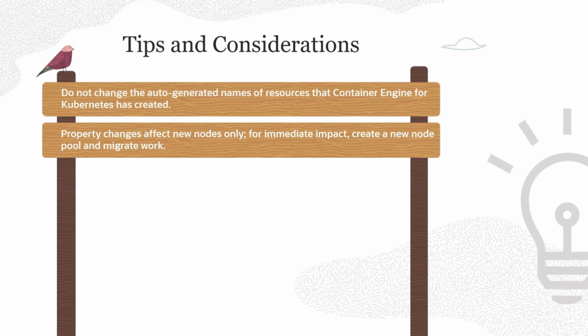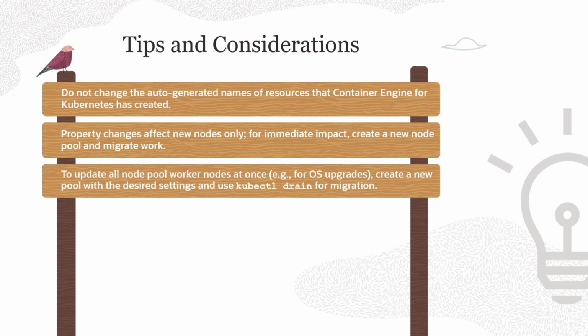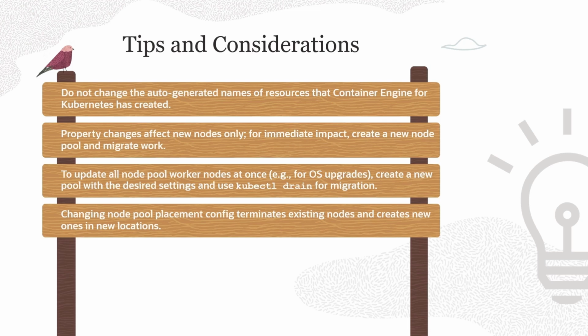For immediate results, create a new node pool and migrate your work. For comprehensive updates such as OS upgrades, initiate a new node pool with your desired settings, utilizing kubectl drain for seamless migration.